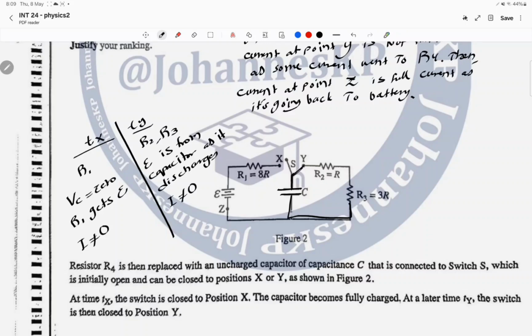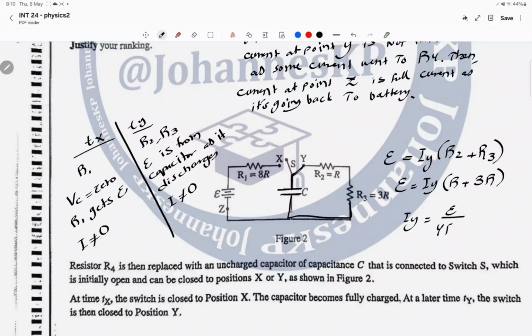So now the capacitor got fully charged, and now it's going to be carrying the voltage of the battery, and that will be equal to the IY times R2 plus R3. So EMF is equal to IY. Instead of R2, put R. Instead of R3, put 3R. So IY is equal to EMF over 4R. Okay, that's basically how it works.